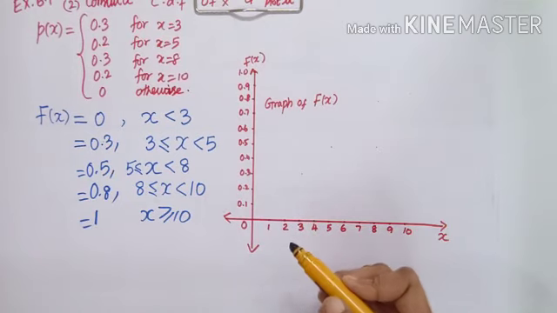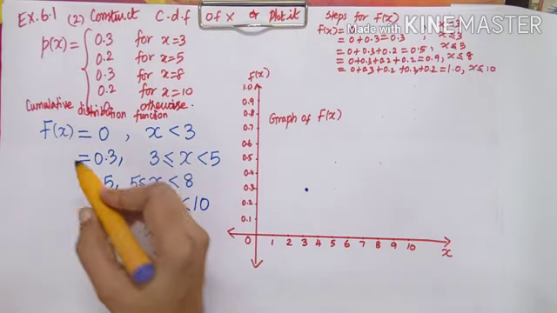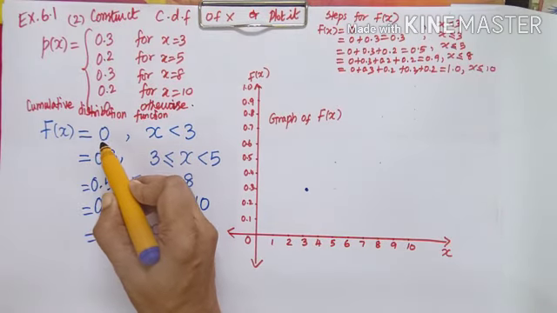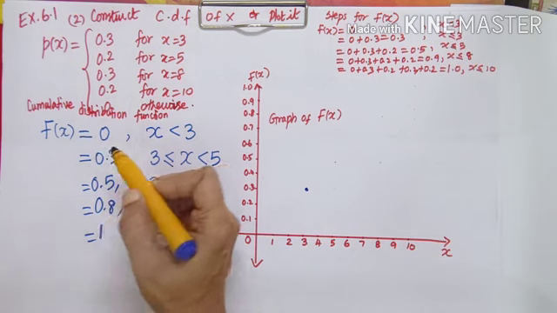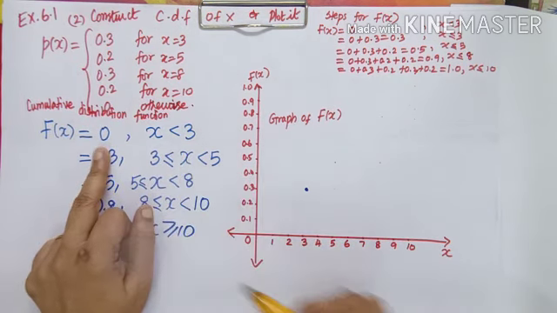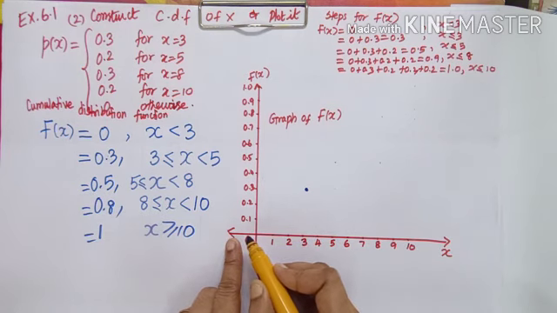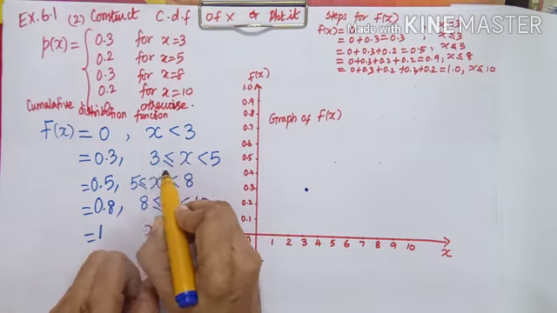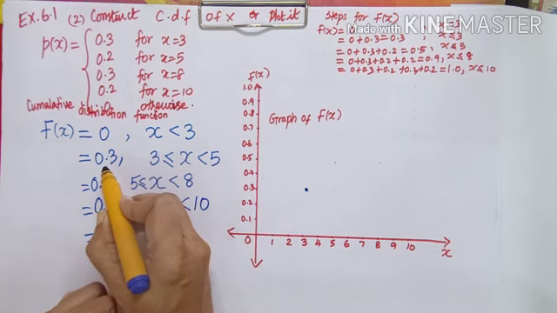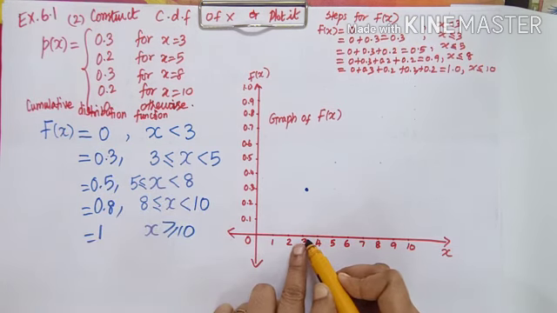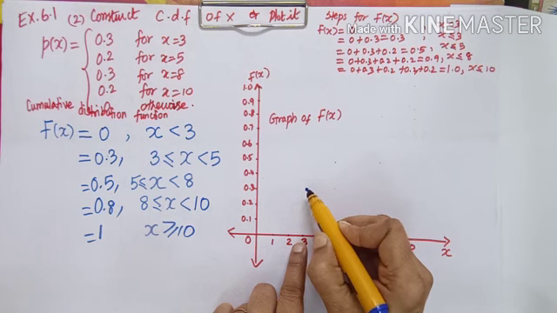How to graph the function? F of x equals 0 when x is below 3. So below 3, my answer is 0. Once I become 3, my answer is 0.3. So at 3, let us mark 0.3.